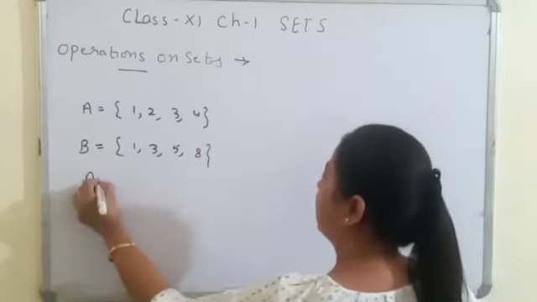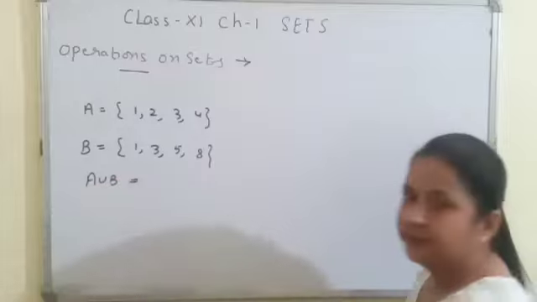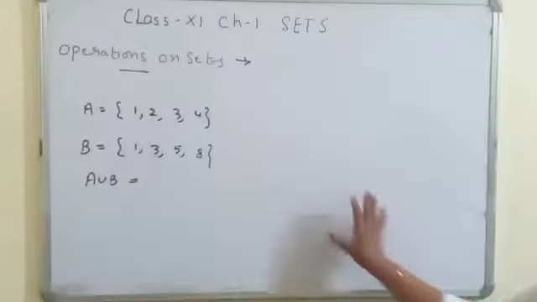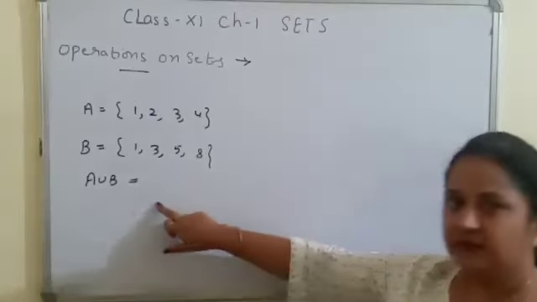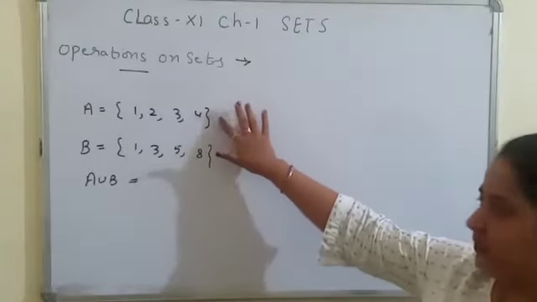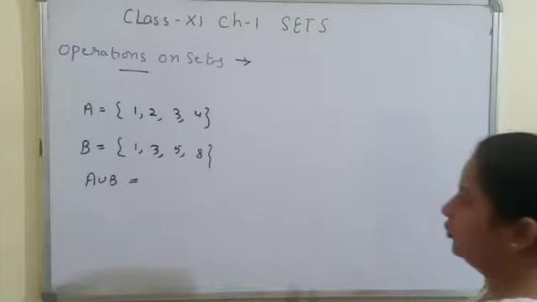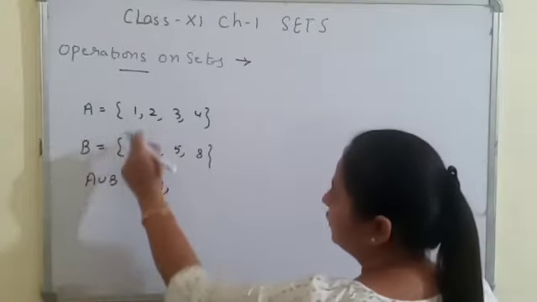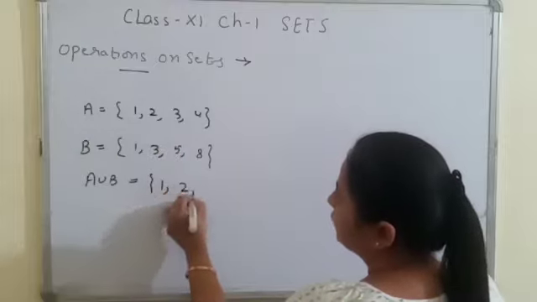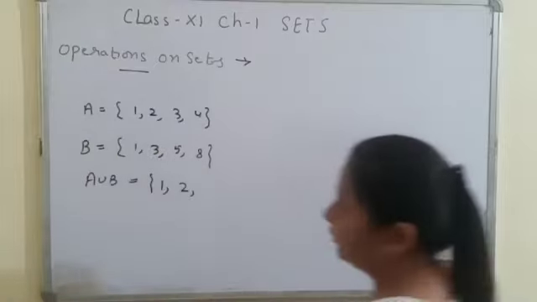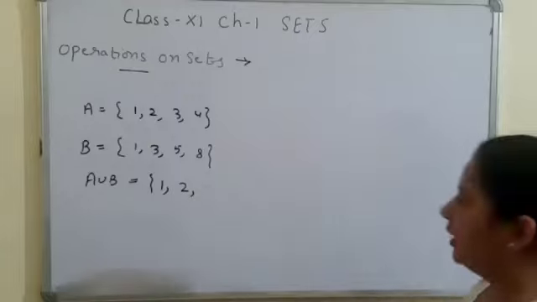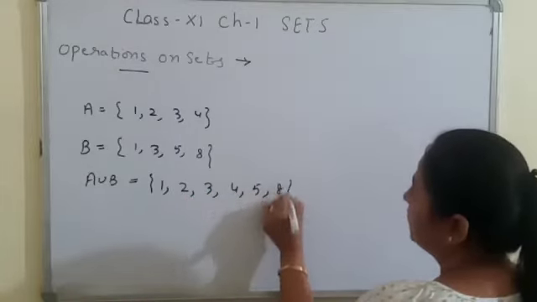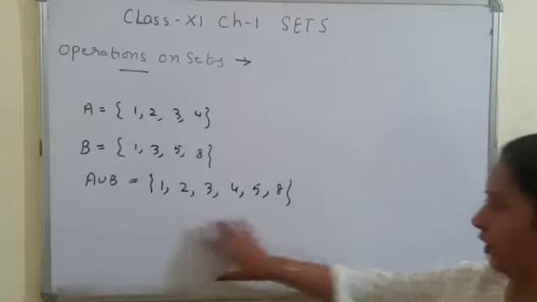Now we have to find A union B. How can we find it? As per the definition, the union of sets is the collection of all the elements of set A and set B. So take them together. 1 is repeating here, so we will take it only one time. 3 is also repeating in both sets, but we will take it only one time. So 1, 2, 3, 4, 5, 8. Now this is A union B.